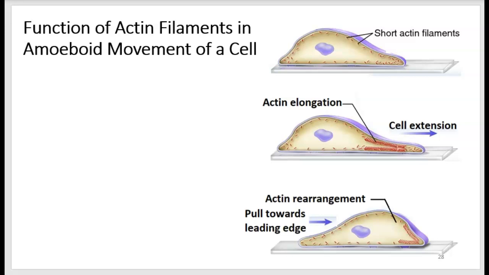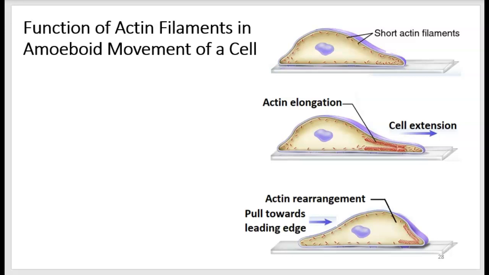So remember that actin filaments lie along the cell membrane. And if the actin filaments are short, the cell's pretty static, it's just sitting there. But then if more actin aggregates together, they elongate. And since they elongate, the cell membrane has to elongate with them.